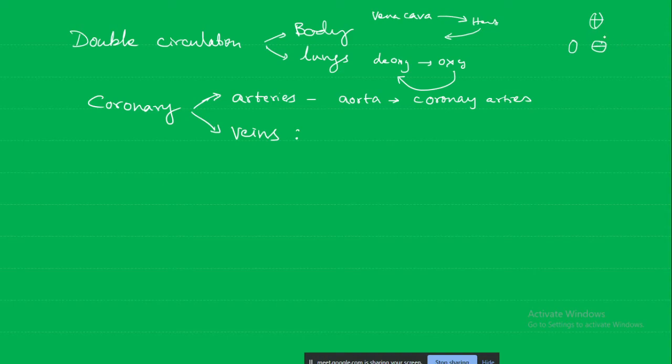For example, if only a single heart chamber is there, blood in, blood out, the heart is only going to act as a pump. In this case the oxygenated blood and deoxygenated blood have no proper demarcation, and the heart is only acting as a pump.